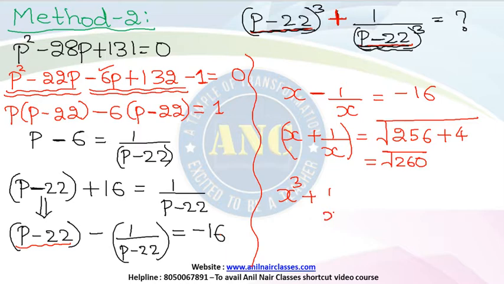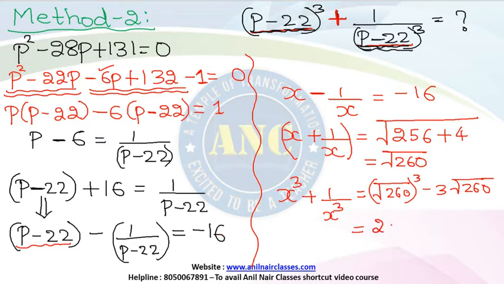X cube plus 1 by x cube is equal to, this is once again nothing but k cube, that means root of 260 whole cube minus 3k, 3 into root of 260. If I simplify further, root of 260 whole square is nothing but 260, and another root 260 will be as it is, minus 3 times root 260.